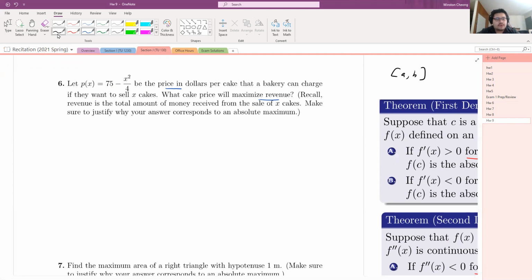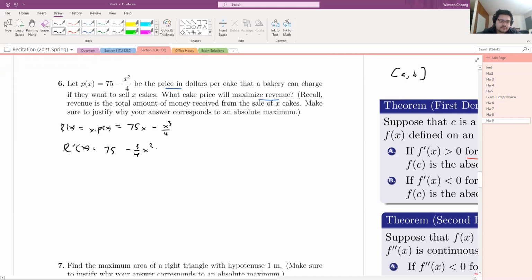So the revenue is going to be given by multiplying the price function, whatever price we're charging, times the number of cakes that we end up selling. And so this revenue function is going to be 75x minus x cubed over 4. And we would want to optimize this thing. So just like how we normally do, take the derivative, set equal to 0, and solve.